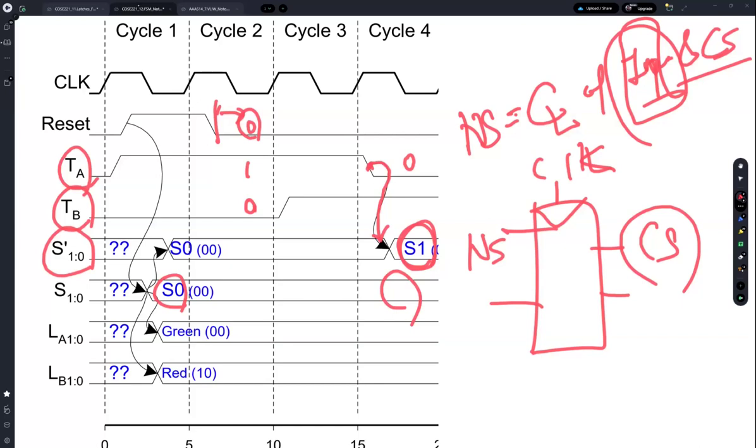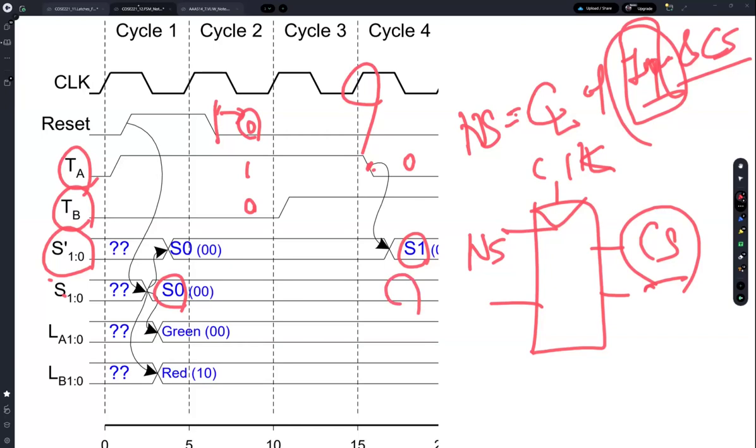Why? The current state is the output of the D flip-flop, so the current state is synchronized with the clock signal. You need to understand: the next state is the combinational logic of input and current state. The input is changed and the next state is immediately changed, but the current state is not changed because it is the output of the D flip-flop, synchronized with the clock signal.